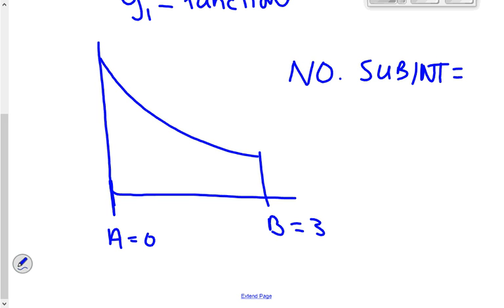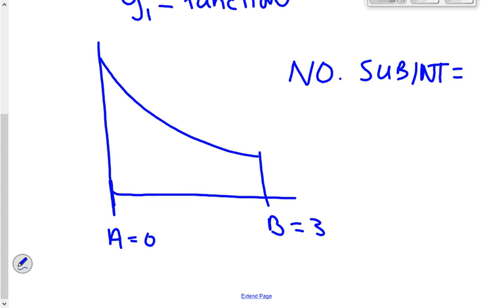It's number. Okay, so it's the number of subintervals. And how many subintervals are we supposed to make according to our exploration 1? 3.